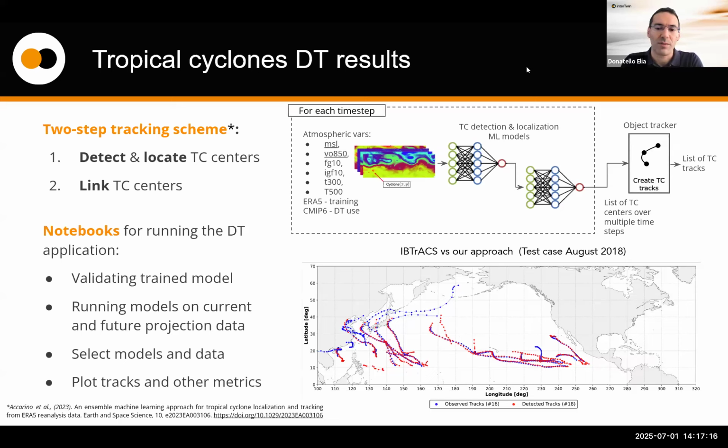To this end, we have implemented some scripts and notebooks for running the digital twin. We have notebooks for validating the trained model, as well as notebooks that can be used for running the pre-trained model by selecting the climate model, as well as the time range that we want to process.